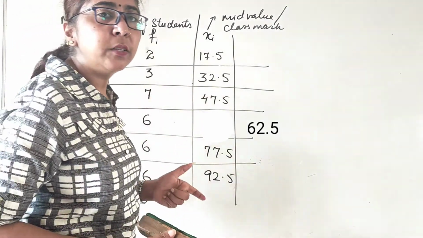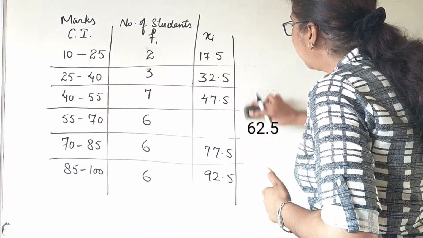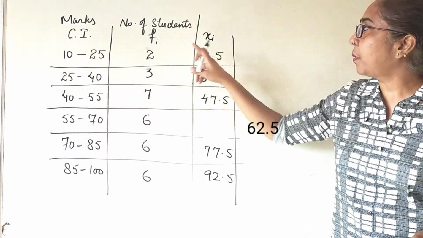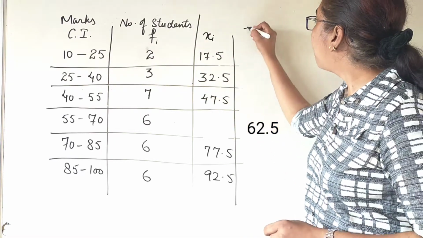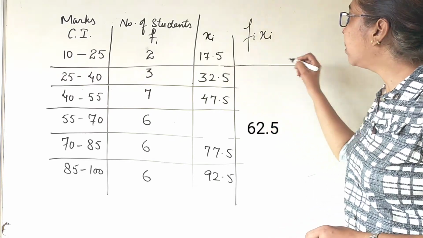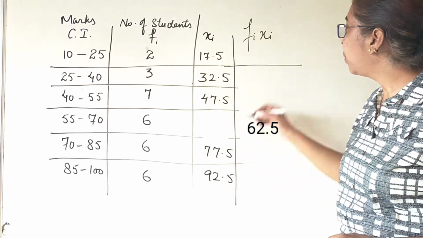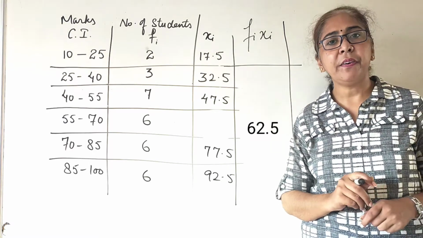After getting the values of xi, what we have to do is find the sum of the product of fi xi. For that, first I want to get the product of these two. One by one we'll do the product and then we'll get the sum of fi xi.